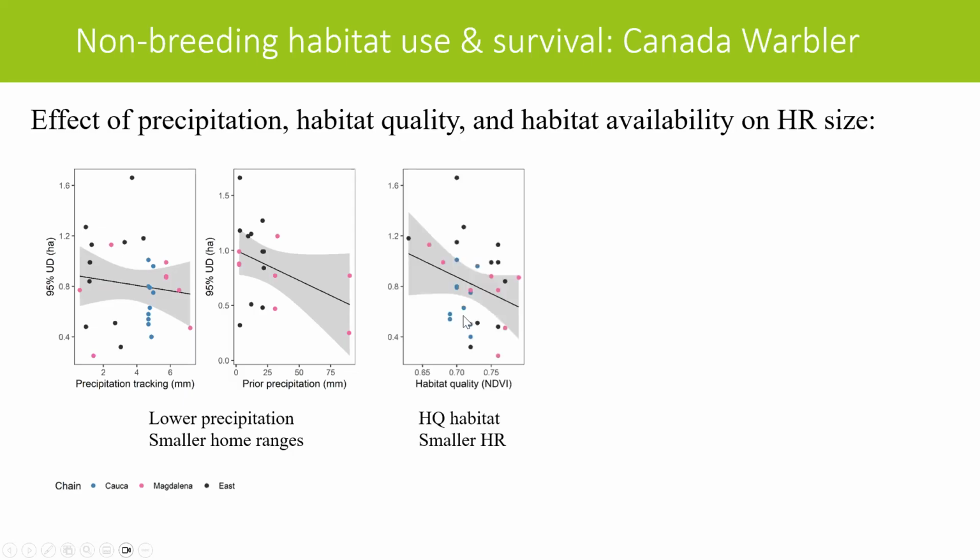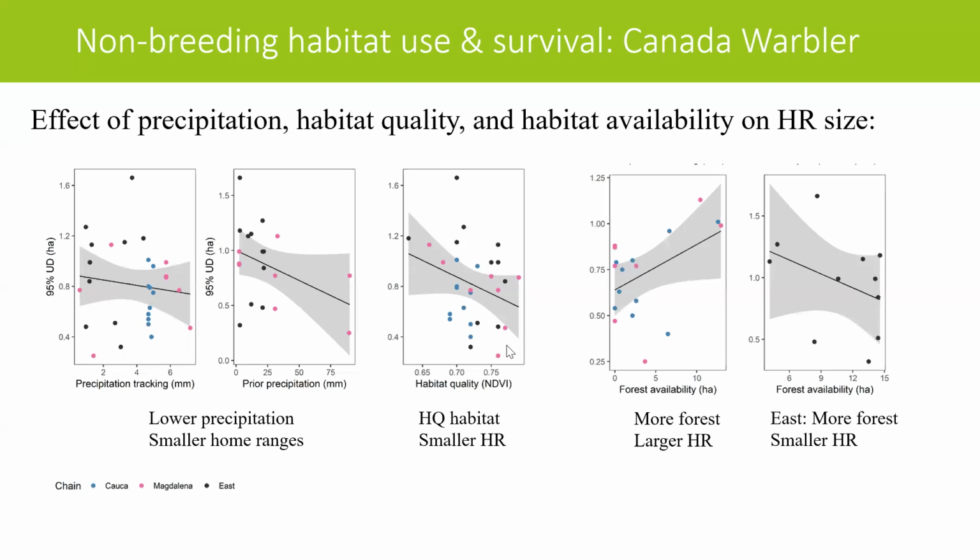So we found that there was an effect due to precipitation, and we also estimated the NDVI as an indicator of habitat quality within each home range. And we found that when this habitat quality is higher, then the home range, or HR, is smaller.